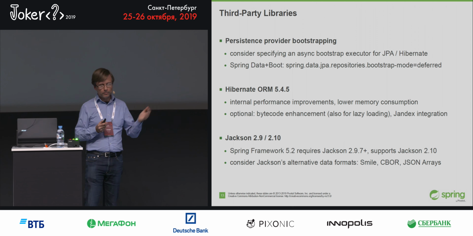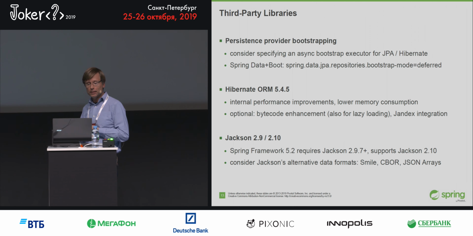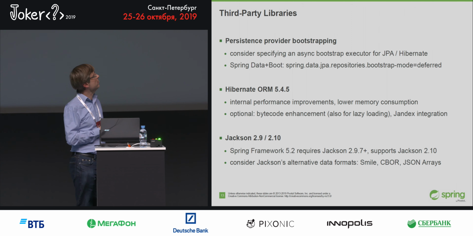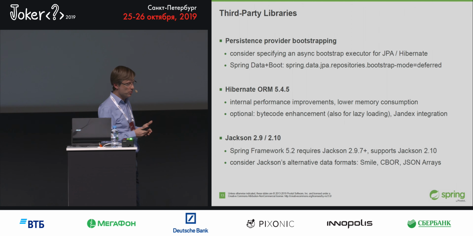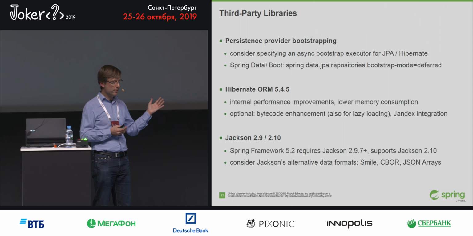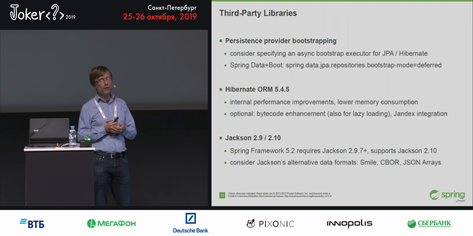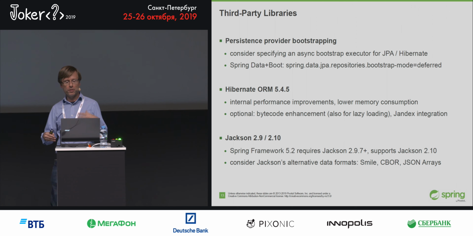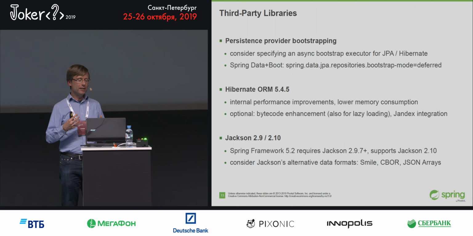And another common suspect is Jackson. By all means, try to be on the latest Jackson releases, not only for some fixes to potential vulnerabilities there, but also for efficiency improvements. Unfortunately, there's only so far you can go with parsing JSON all over the place.